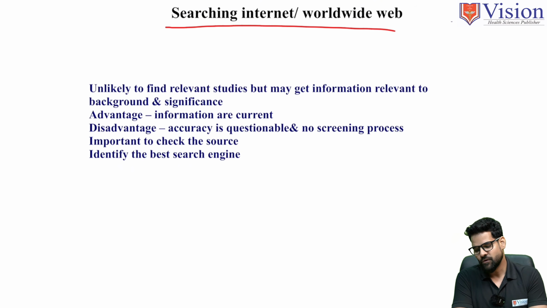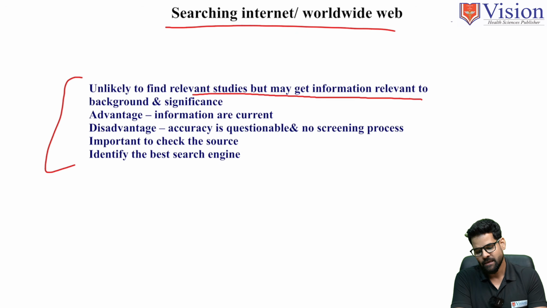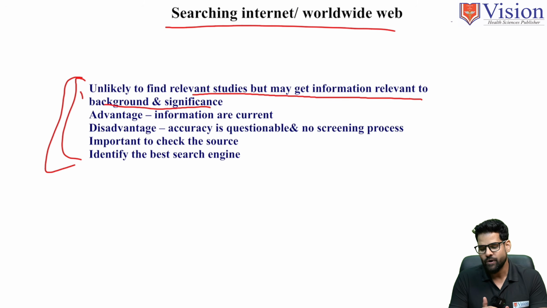You can also search from the internet and World Wide Web. It is unlikely to find the relevant studies, but you may get information relevant to the background and significance. So again, when you search on the internet, even though I just said that you should avoid going directly to internet search with a Google search engine and all, because the information available on Google may not be rigorously processed.